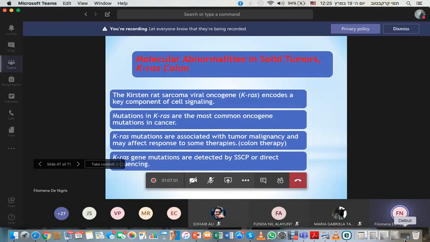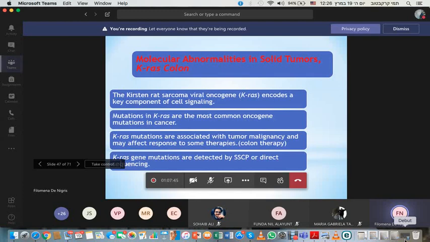This kind of mutation can be monitored by RT-PCR or by direct sequencing. This is not for diagnosis because probably the tumor is already diagnosed, but it's important to make the right decision about the therapy, because we have therapy for colon cancer that has KRAS mutation. So this marker is useful to decide the right therapy for this kind of tumor.